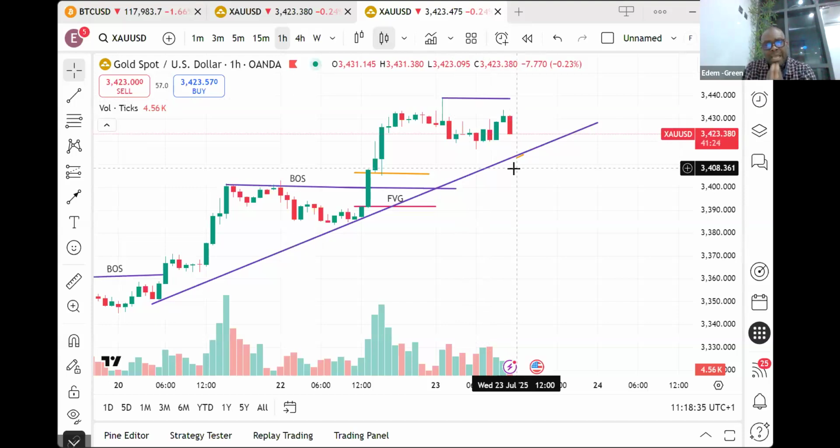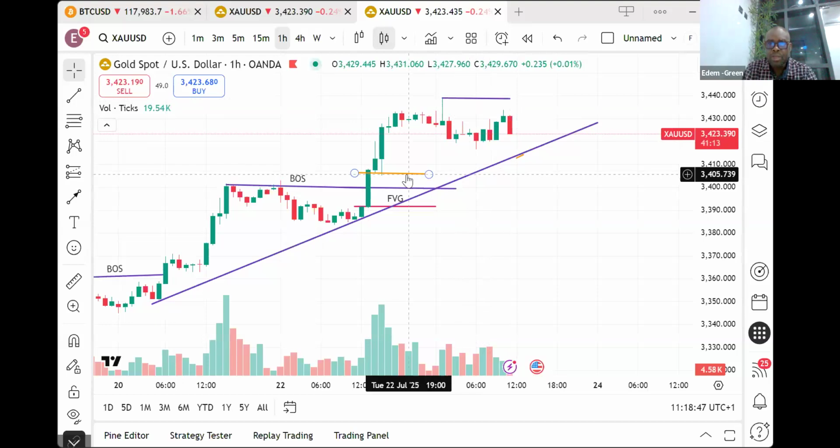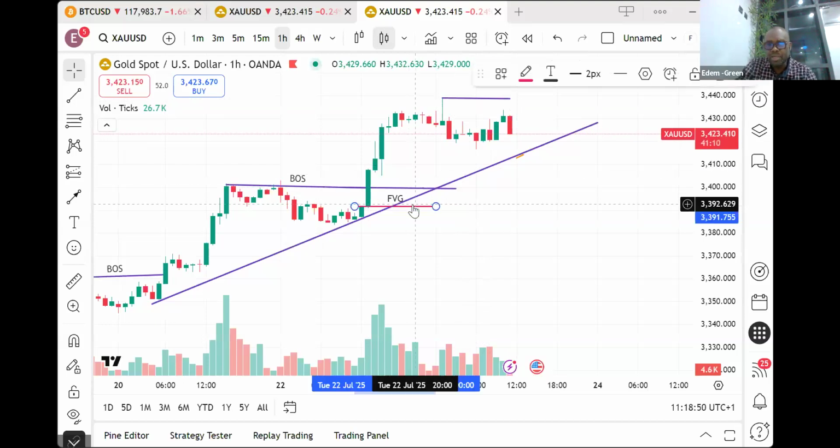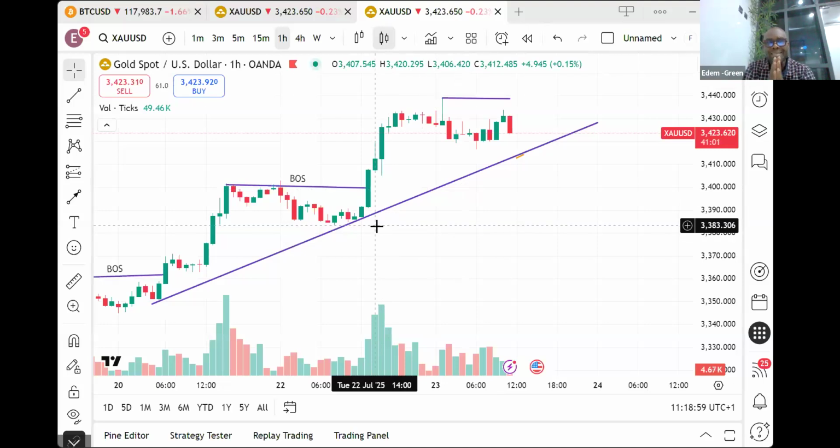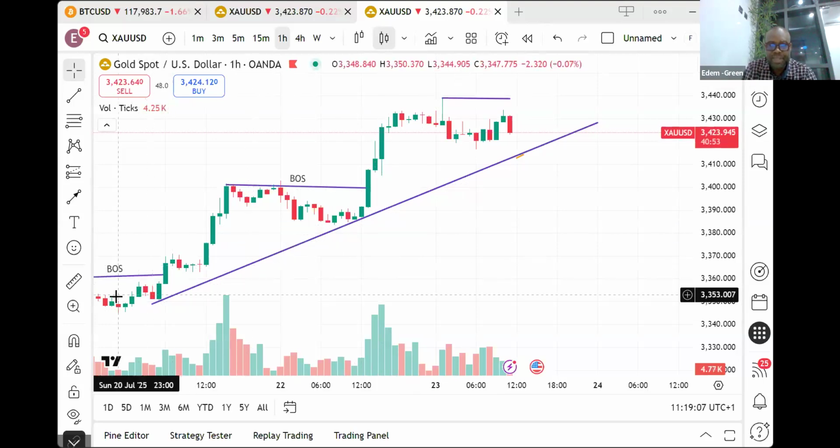An impulsive move is identified by the length of the candle. So let's start from the left side of my chart where I have my first BOS. There was an impulsive move here.